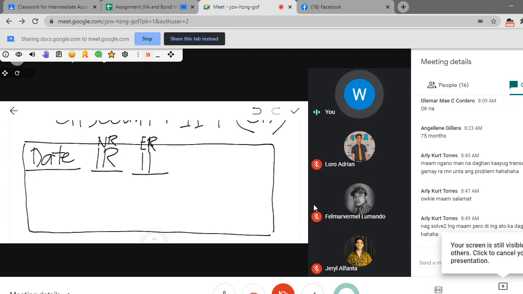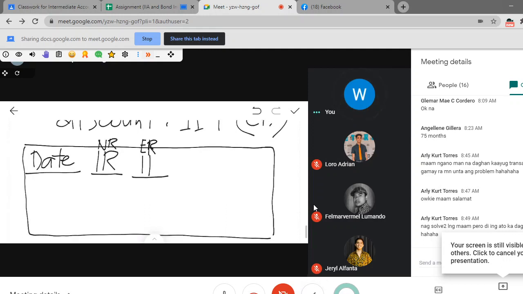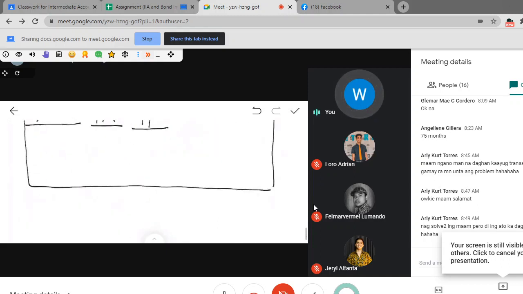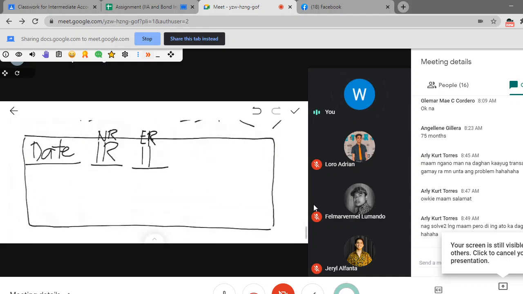Interest received, you have face amount times nominal rate. And your interest income, you have carrying amount times effective rate. So, if you want to add the formula, you can put it there. I will also put it since I have limited space.